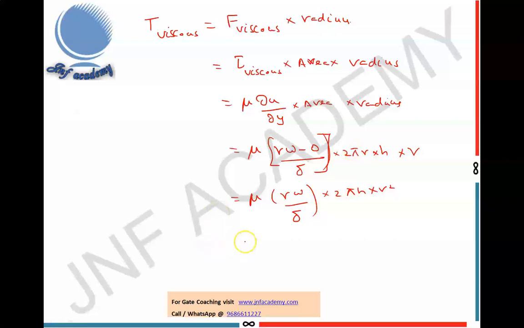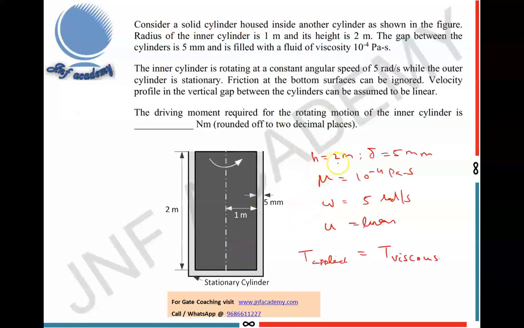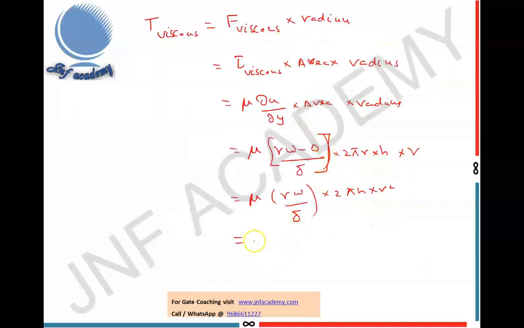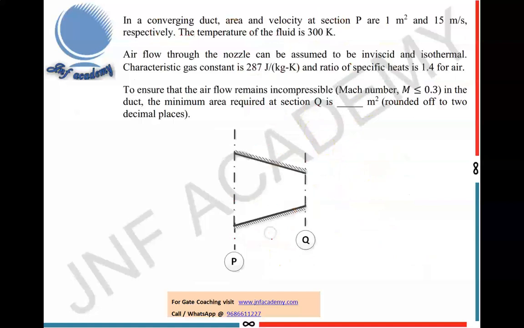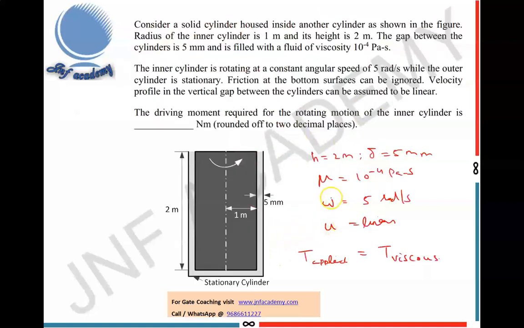Now let's substitute all these values. Mu is 10 to the power minus 4, and the inner cylinder radius is given to be 1.